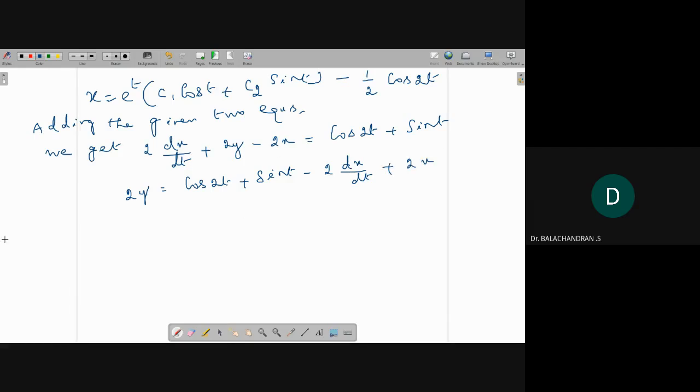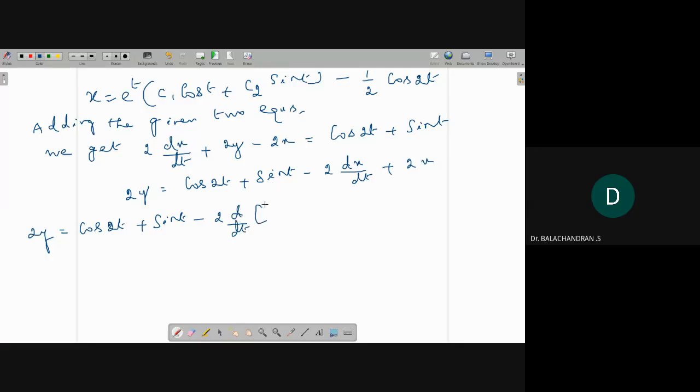So now 2y equal to cos 2t plus sin 2t minus 2 into d by dt of x.